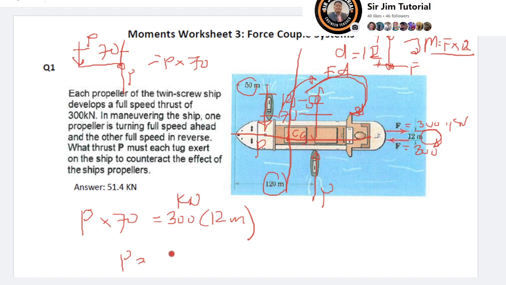In other words, we can compute for P, which is 51.4 kilonewton. So as simple as that. The challenge is only to understand how these forces are behaving in this kind of problem.